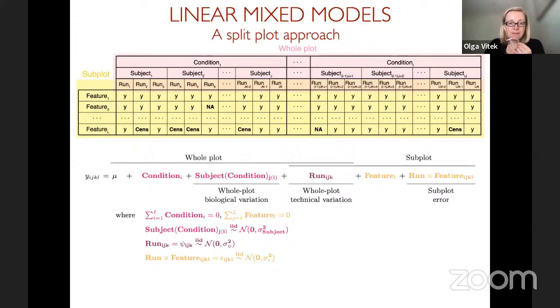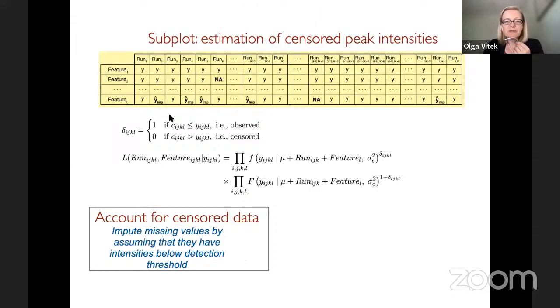and handle extreme cases much more reliably. So specifically what we do, we first focus on this yellow part of the data structure, and we say, okay, if some of these things were censored, we have this indicator saying that we have a missing value, but the missing value is informative, meaning it's small. If it is missing, but it's not randomly missing, it is missing for reasons of low abundance.